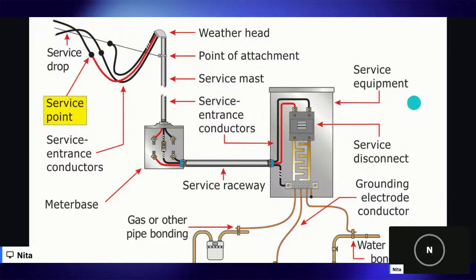So now my service entrance conductors, this is their path to the house. First, they go through what's called a service head, or you may see weatherhead or even gooseneck, which is this situation right here. This is mounted at the top of what we call the service mast, which is this vertical area here.